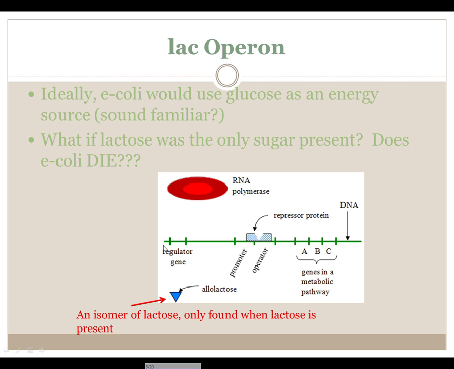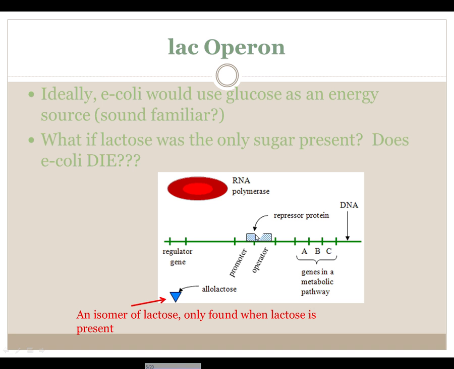Well, what will happen is there's an isomer of lactose that's found when lactose is present, and it has a particular shape. It's called allolactose. I might be saying it wrong. Its shape is peculiar in that it will fit into the repressor protein.